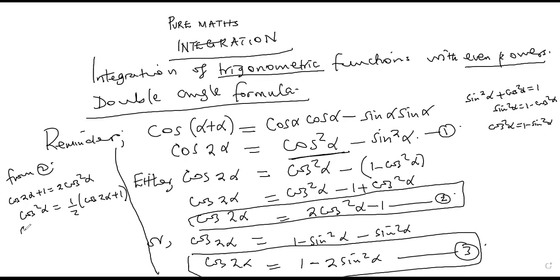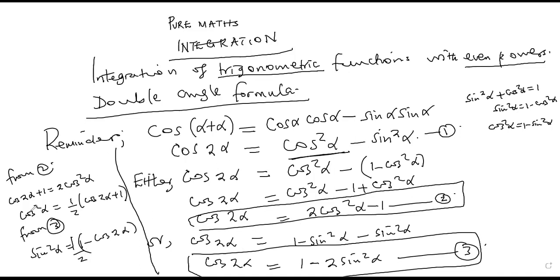Similarly, from equation 3, sine squared alpha is equal to 1 minus cos 2 alpha, all divided by 2, making it a half of 1 minus cos 2 alpha.